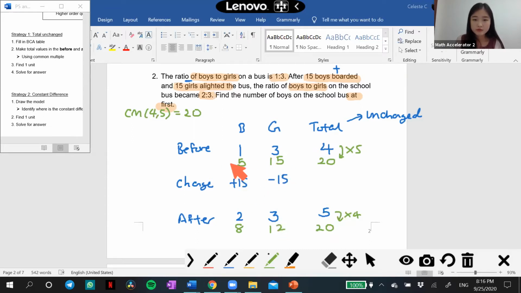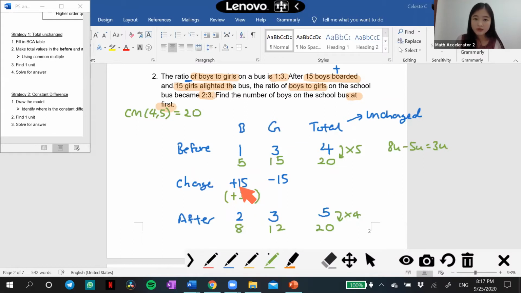Right, so at first the boys have 5 units. At the end, 8 units. How many units were added? From 5 to get to 8. 8 units minus 5 units. Yes, good. 3. You're adding 3 units.